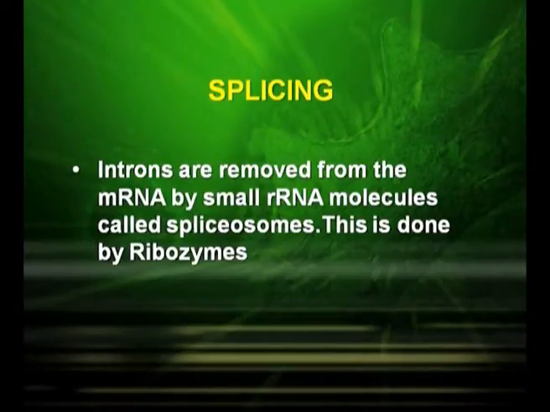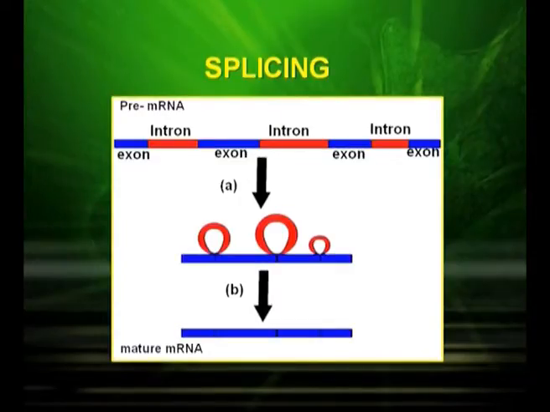So, it is now necessary to remove the introns and get the functional RNA, and this process is called splicing. This is done by ribozymes. Now, let us see with the help of a picture how the splicing takes place. One that you can see on the top is the pre-mRNA, having the introns and the exons alternately. In the next step, you can see bubble-type structures which are the spliceosomes.